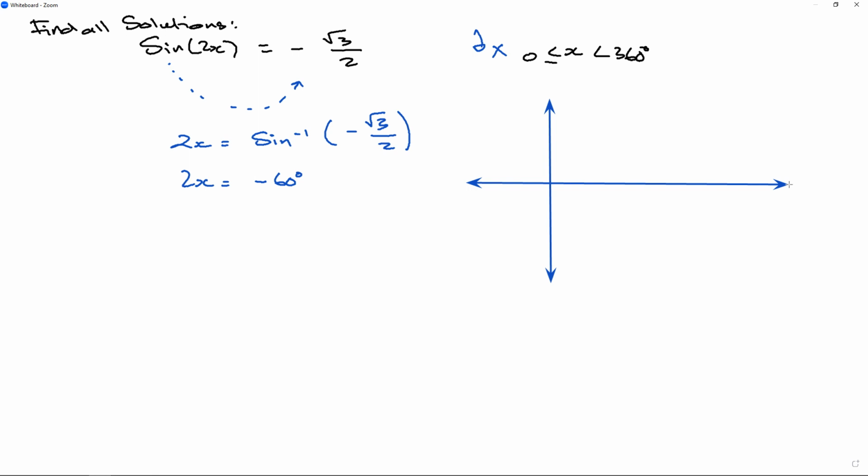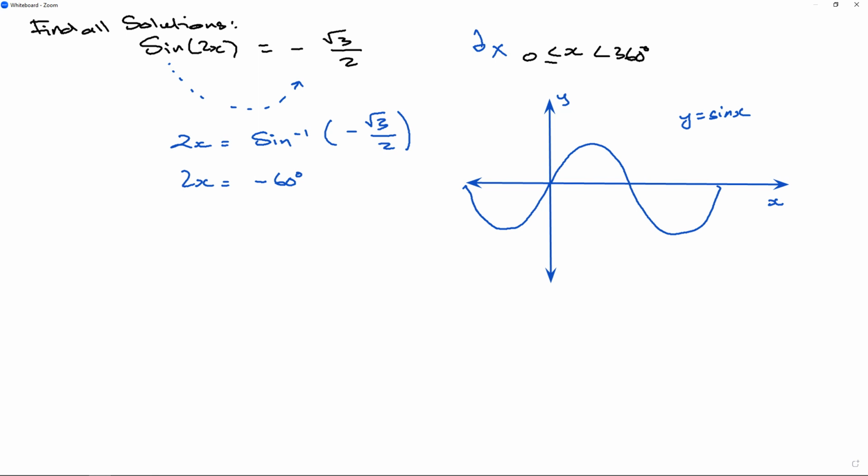So the sine graph starts at 0, turns at 90, cuts at 180, etc. So it will look like that. And this is your general y equals sine x. It will then continue in the negative direction, etc.